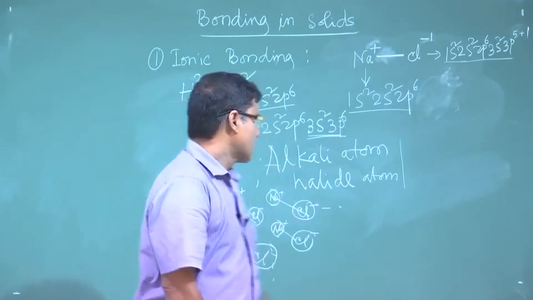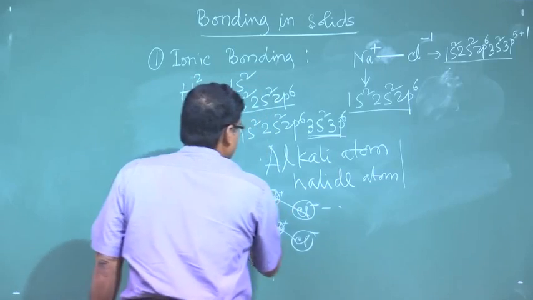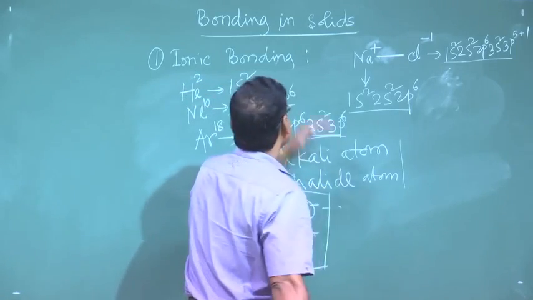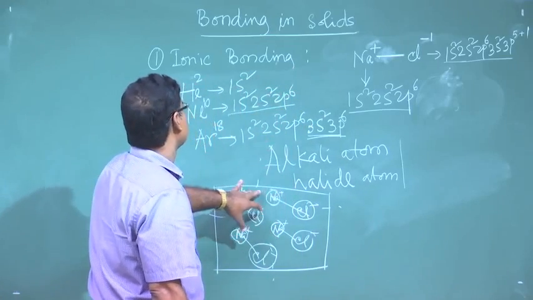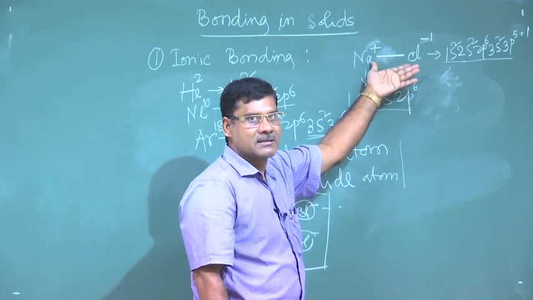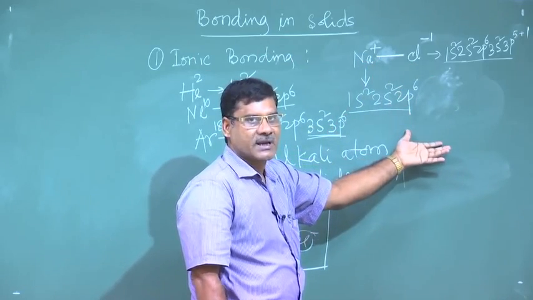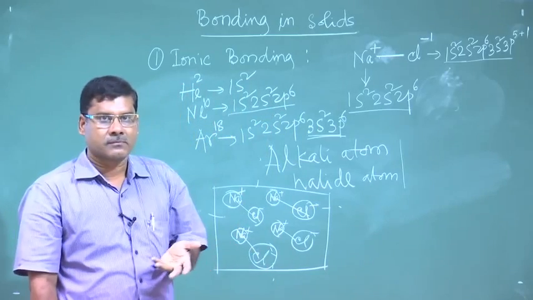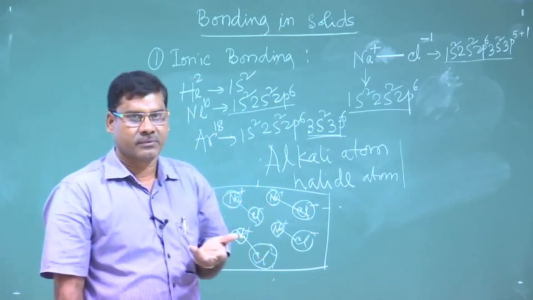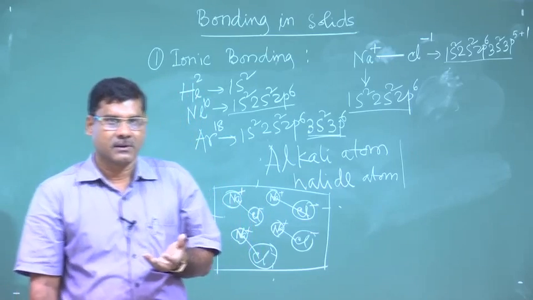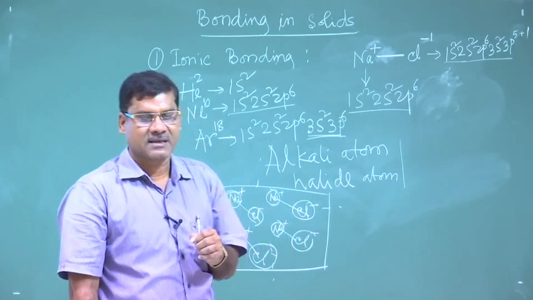So, that is why the solids of alkali halides, alkaline oxides form. Alkaline earth atoms can leave two electrons, and oxygen can accept two electrons.